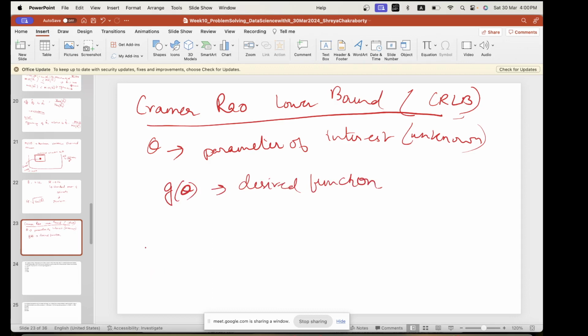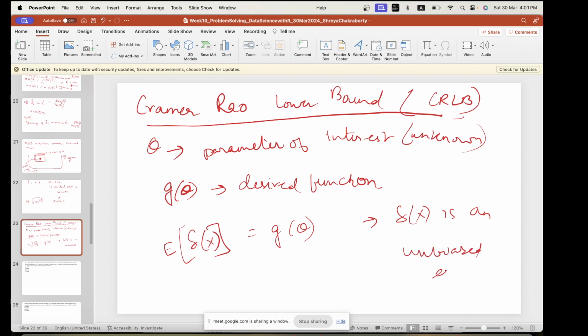Let's say delta of x has expectation g of theta. This means that delta of x is an unbiased estimator of g of theta. The variance of delta of x will always be greater than or equal to the Cramer-Rao lower bound.